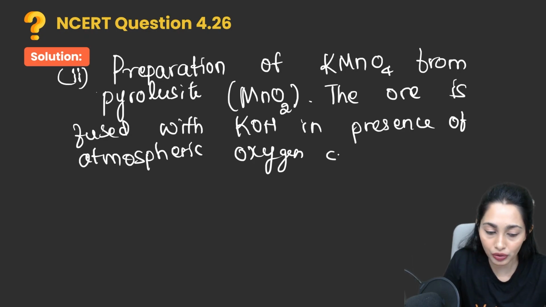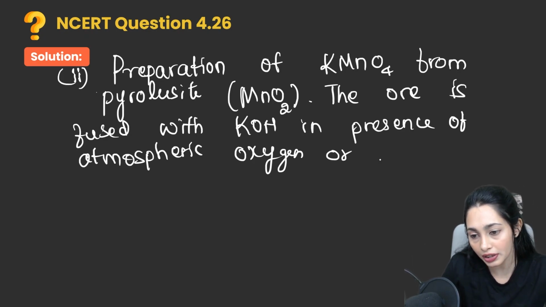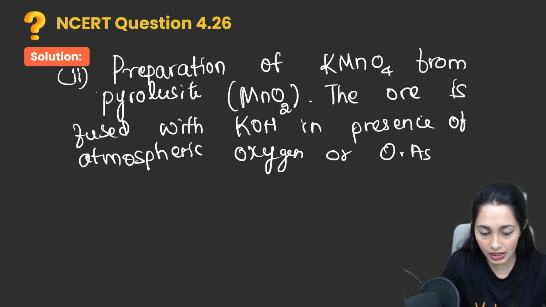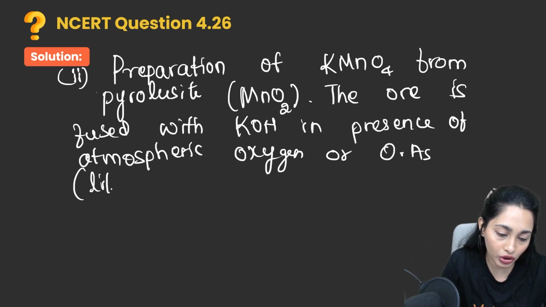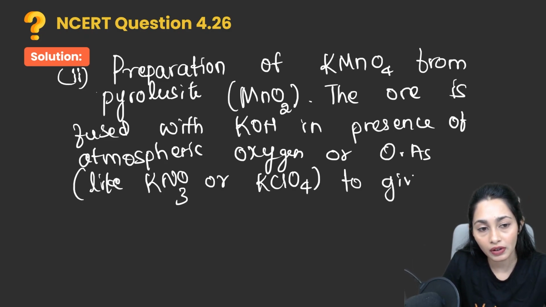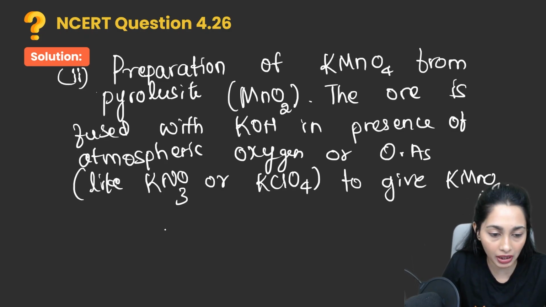Or we can also use oxidizing agents like KNO3, potassium nitrate, or KClO3, potassium chlorate, to give KMnO4, that is potassium permanganate.